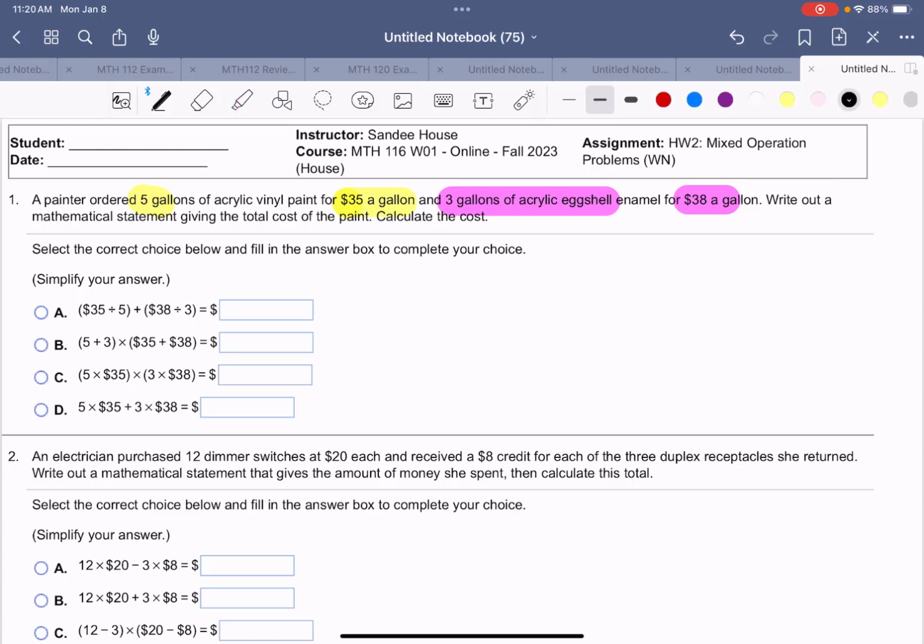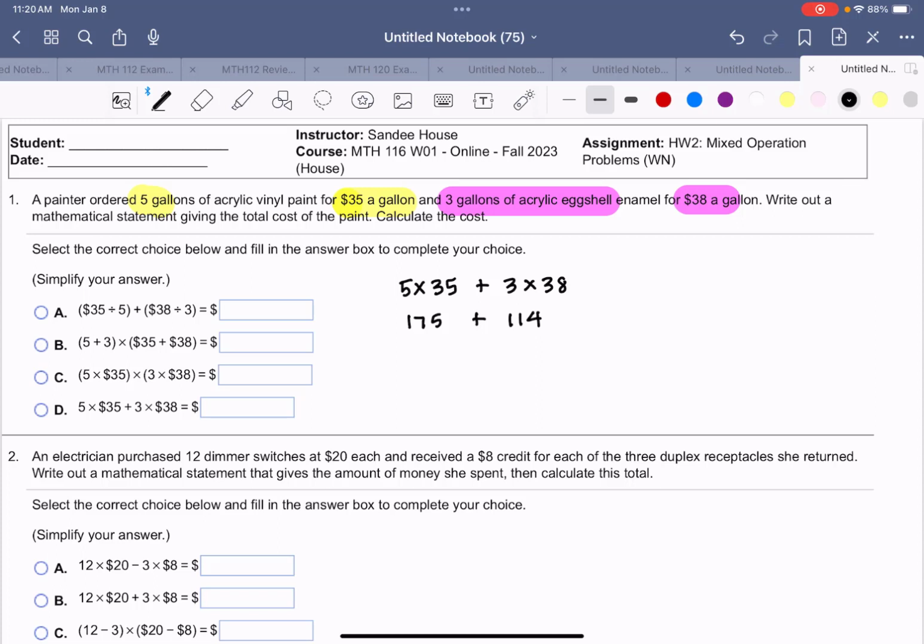So in this case, we're going to have to do 5 times 35 because each of the 5 will cost us $35. And added to that is going to be 3 times 38. Now, of course, you could do this manually or use your calculator. 5 times 35 is 175 plus 3 times 38 is 114.